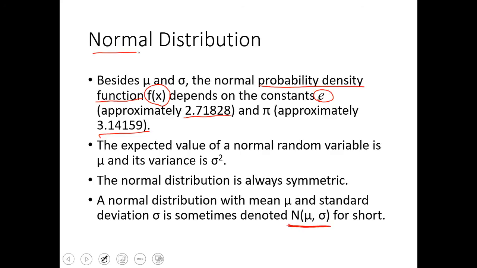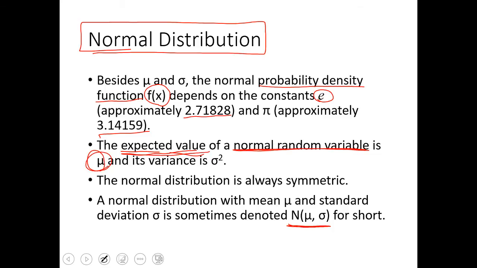A very important fact of the normal distribution is that the expected value of a normal random variable is mu, and the variance is sigma squared.